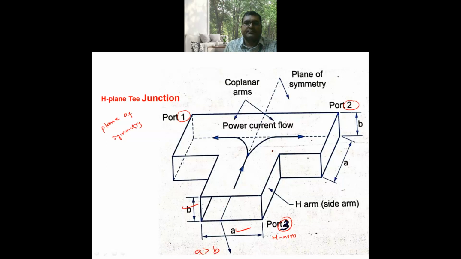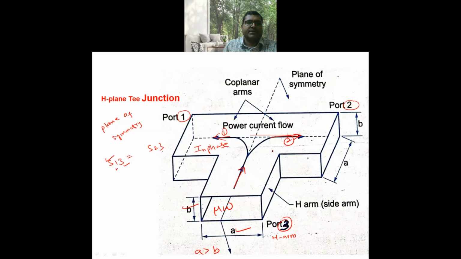When some microwave power is applied at port 3, it is divided equally between ports 2 and 1. The power is divided equally between ports 2 and 1 in phase. In phase means S13 is equal to S23. That is, S13 stands for the scattering coefficient resulting from input at port 3, output at port 1.